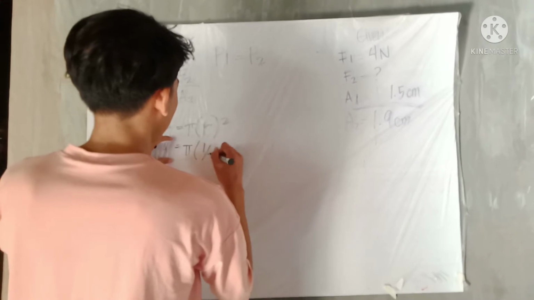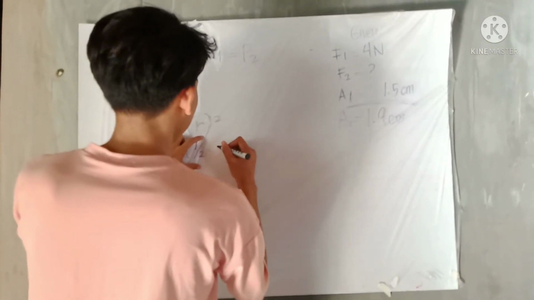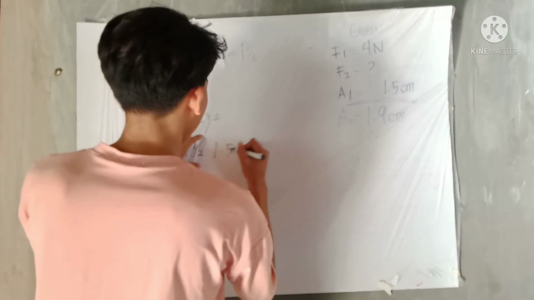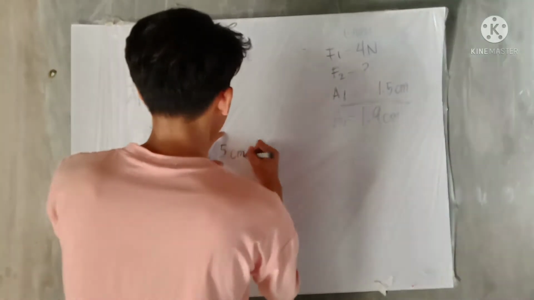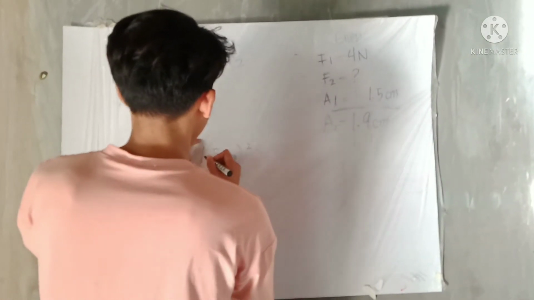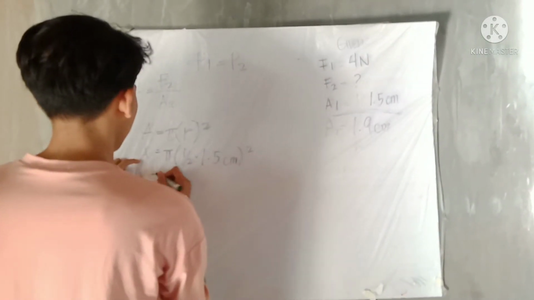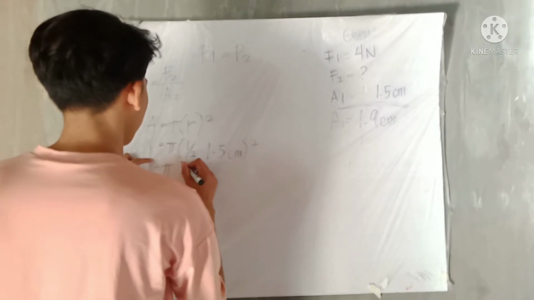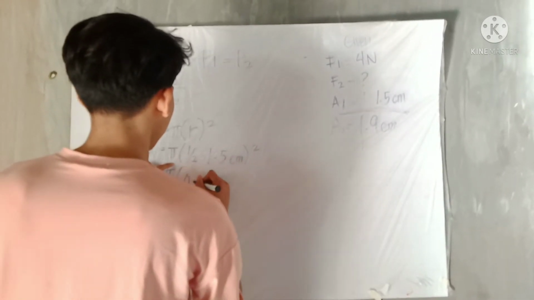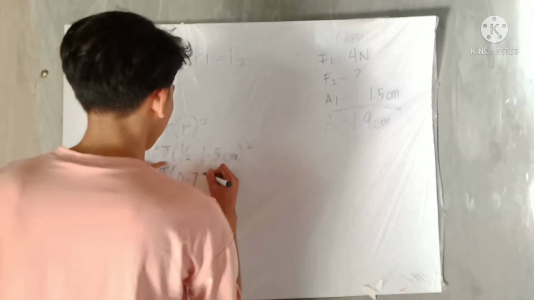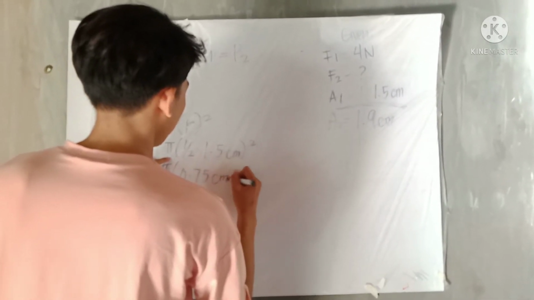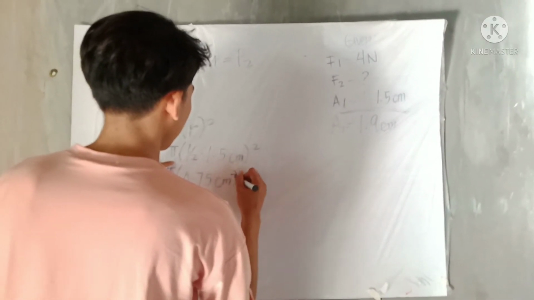First, let us convert the diameter into area in square centimeters using the formula, area is equals to pi times radius raised to 2. Pi times 1/2 or 0.5 times 1.5 cm raised to 2 is equals to pi times 0.75 cm raised to 2.